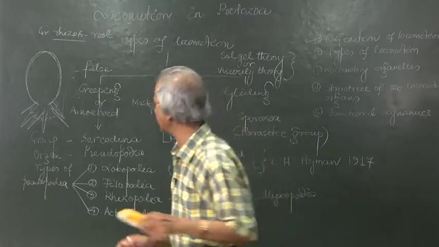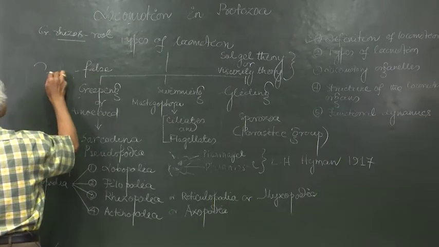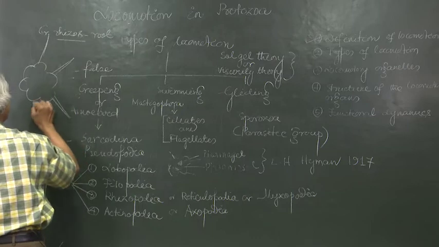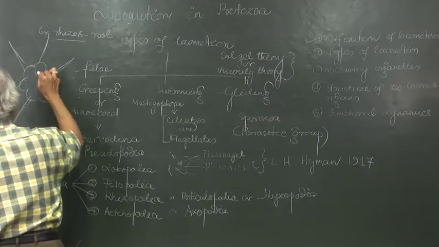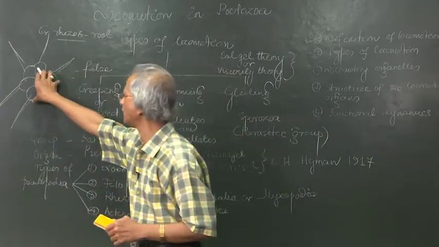Now, what you find in actinopodia is that the animal is like this and the projections come out like this. This is the body of the animal.